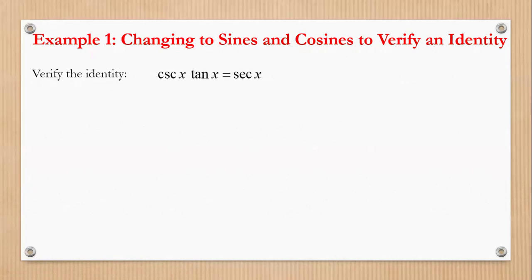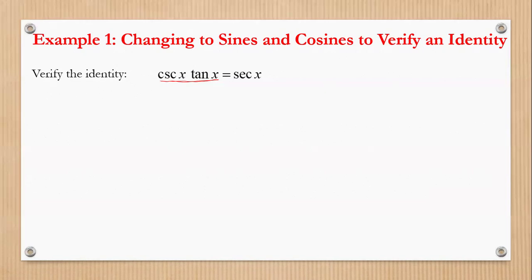It doesn't matter which side I start, but I always start with the more complicated side, and right now in this one, it's the left side. So I prefer to start from the left side, replace some identities, simplify, and at the end, I want to show that it is equal to the secant of x, which is the right side of my identity.